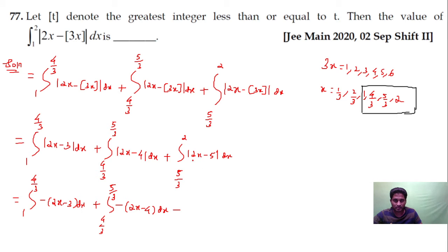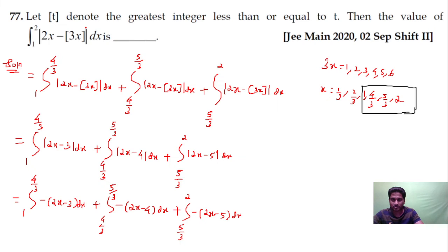Between 5 by 3 and 2, obviously 10 by 3 minus 5 will be negative, so this is the integral from 5 by 3 to 2 of minus of 2x minus 5 dx.